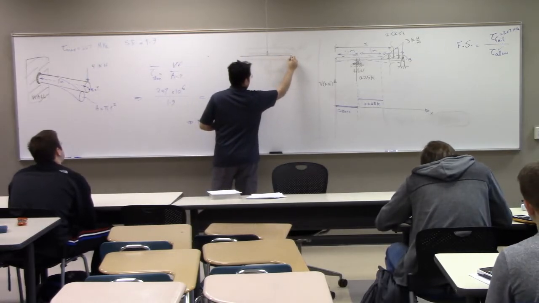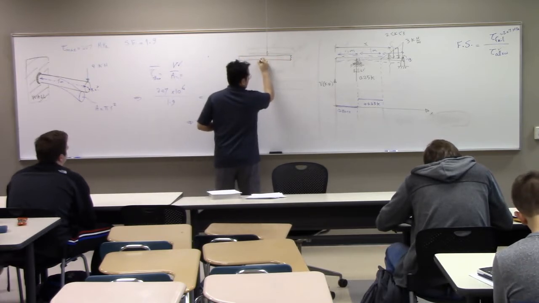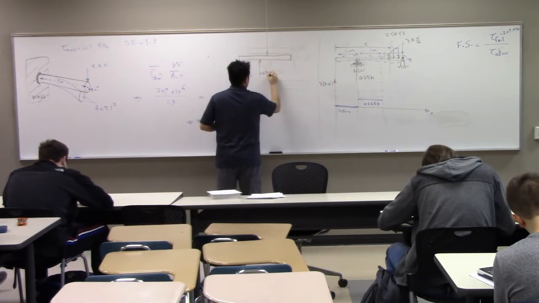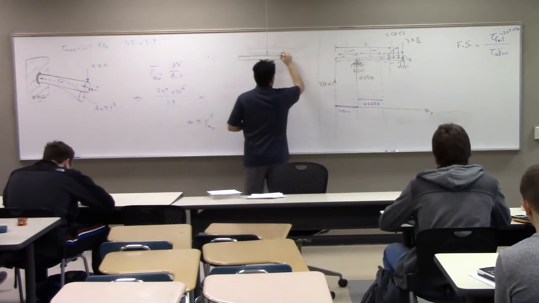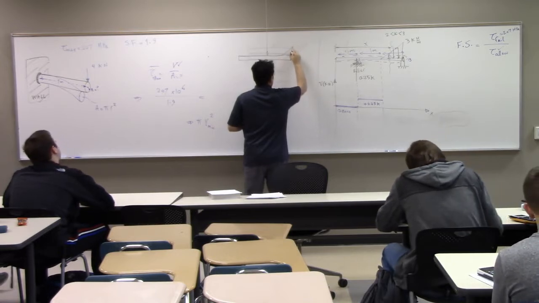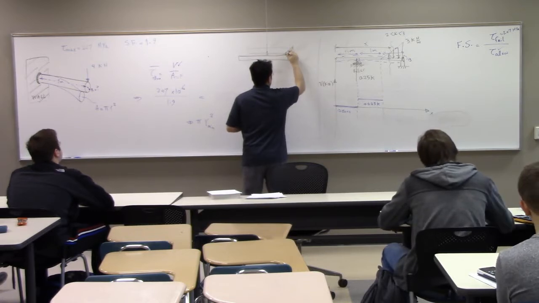So this is your cut. This is your, you already have 0.25K, and from here to here you have a part of this distributed load, not all of it, just a part of it.